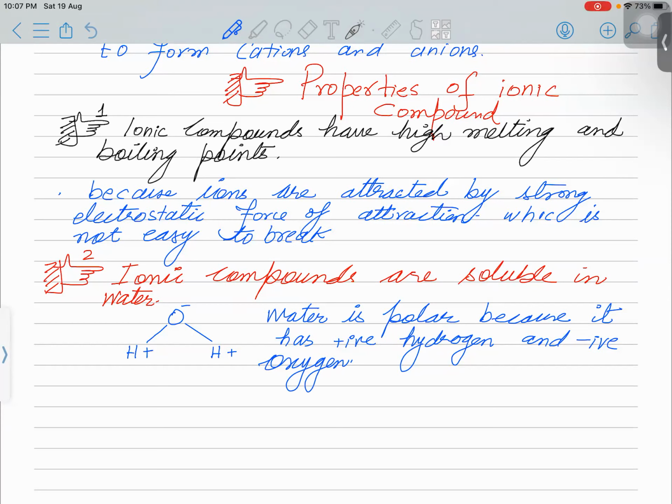So always remember that if you have charges on water, it is polar. Polar solvents can dissolve ionic compounds. Polar solvent is water. Why? Because ionic compounds have charges and they easily move in a polar solvent.